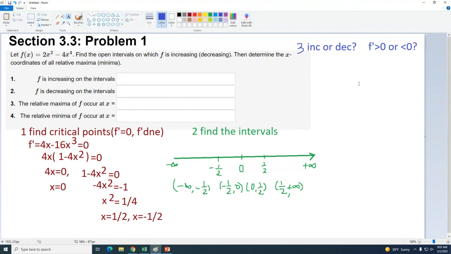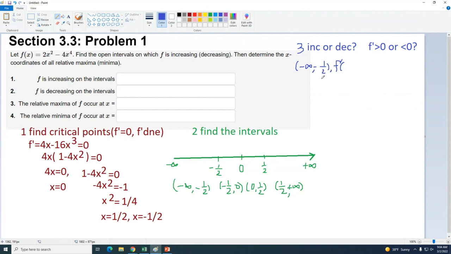On each interval, we're going to answer the same question. The first interval is negative infinity to negative 1/2. To know if it's increasing or decreasing, we find a derivative value on the interval. What would be an appropriate point to test?